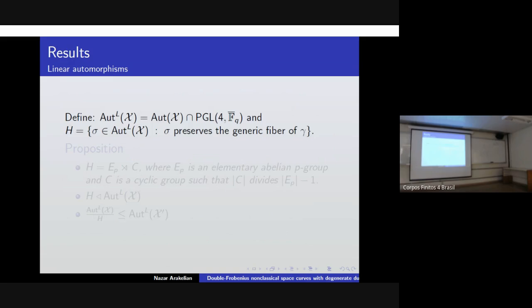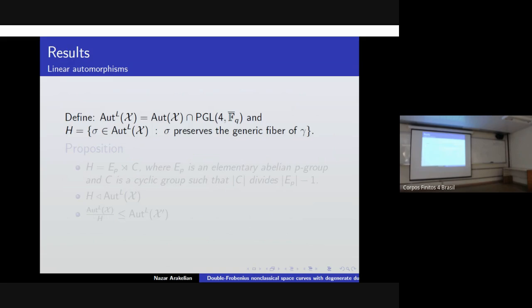Okay, so now we define the group of linear automorphisms of a curve, which is the automorphisms that can be represented by matrices. I will call this group Aut_L(X).